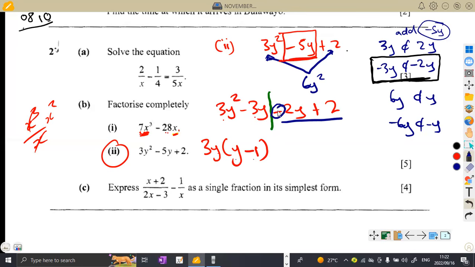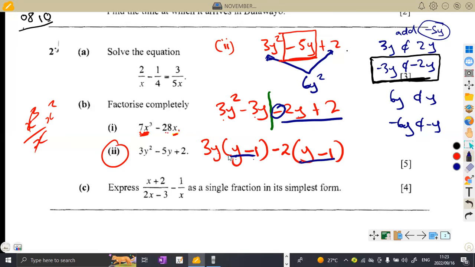So what am I supposed to get? This is a negative. For it to be positive, because y is supposed to be positive, I'm supposed to factor out a negative 2, so that if I divide minus 2 and minus 2, I get a positive. So it's now y, and 2 divided by negative 2 is minus 1. So the brackets are the same. This bracket and this bracket are the same.